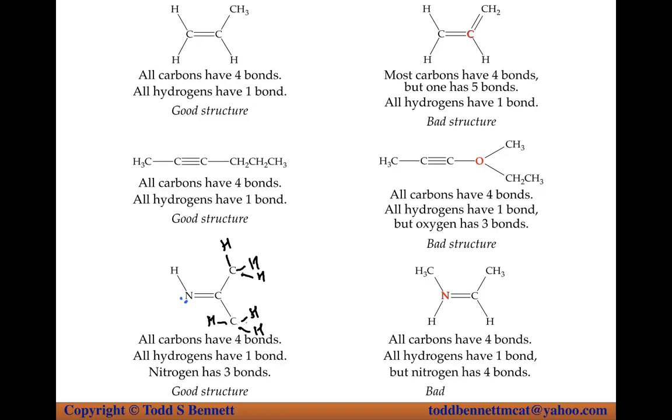For now, I'm going to call it a bad structure, but if I put a plus charge on it, food for thought, that means it is a viable cation structure, just not a neutral structure. I want to get a little ahead of myself, but if you see that in the future, you should recognize something is weird here. I'm going to call it a bad structure for now. We have to fix it and figure out what's going on.